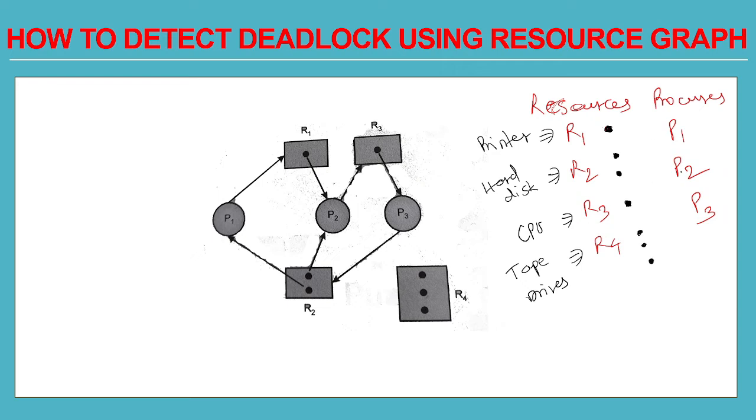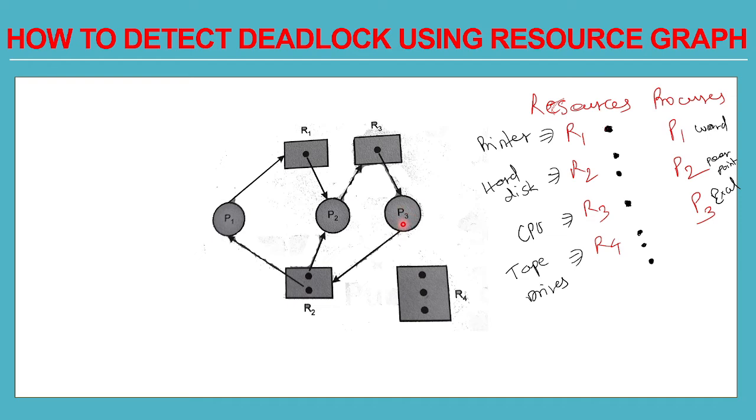Now the processes P1, P2, P3 you can consider as Word, PowerPoint, and Excel. All these processes are running on your system. Now P1 wants resource R1, the printer, which is already taken by P2, and P2 wants R3, the CPU, which is currently taken by process P3.